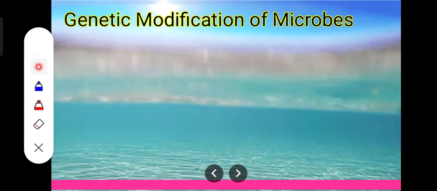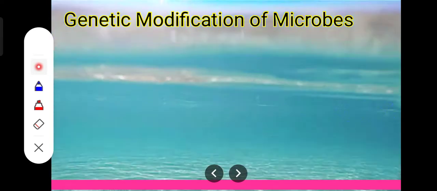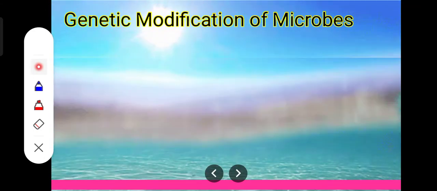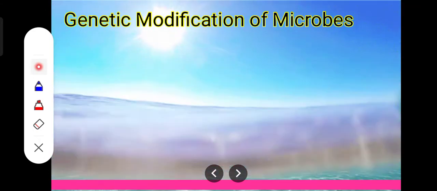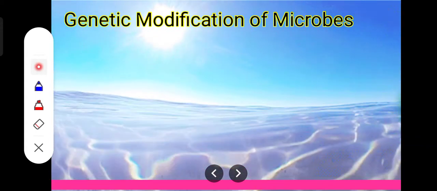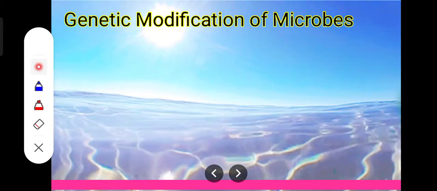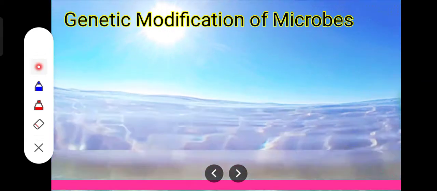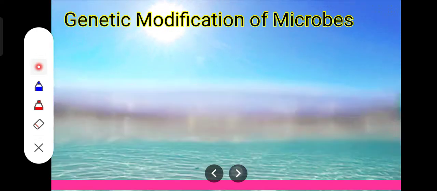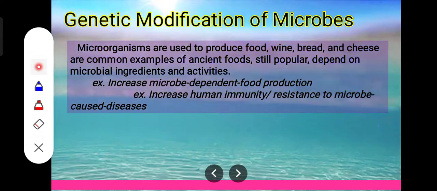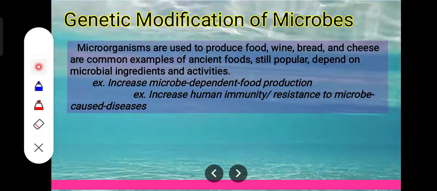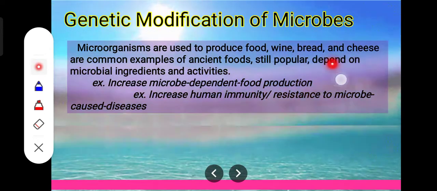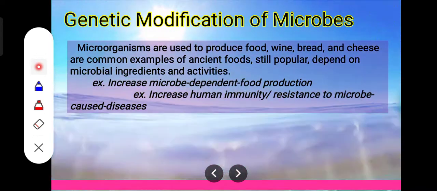Next is the genetic modification of microbes. Microorganisms play significant roles in food production. They serve primary and secondary roles in food fermentation and in food spoilage, and they can produce enzymes or other metabolites used in food production and processing. Humans have used genetically modified microbes for centuries, and microorganisms are used to produce food, wine, bread, cheese, and common examples of ancient foods still popular that depend on microbial ingredients and activities.